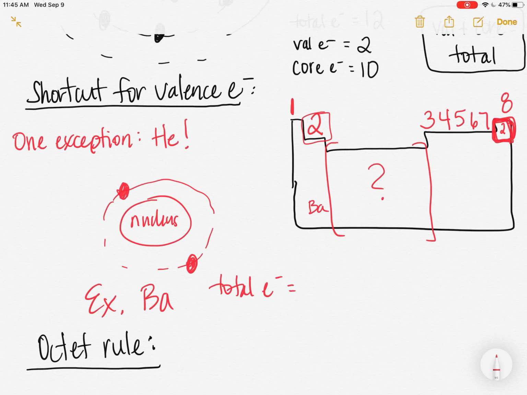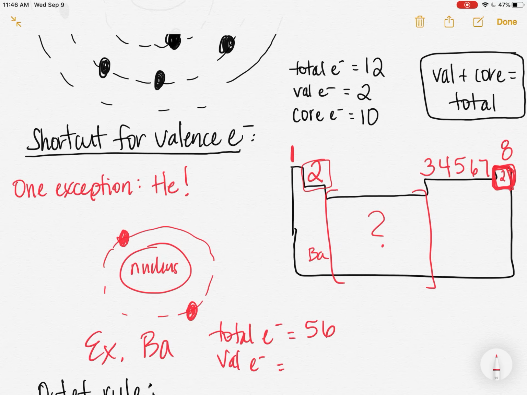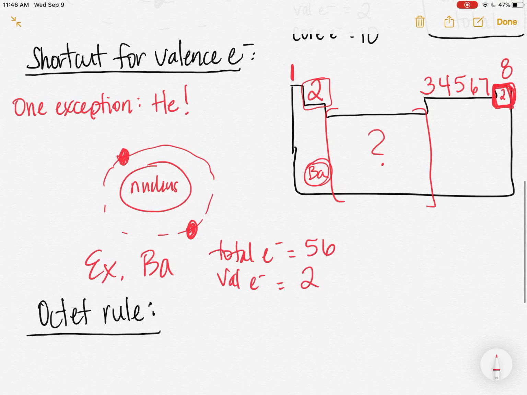Because with barium, how many total electrons? These are the questions you should be able to answer at the end of this video today. Okay, so barium total electrons, well, it has 56 electrons because it also has 56 protons. Valence electrons, I can use my shortcut tool. Barium resides in group 2, which means barium is going to have 2 valence electrons.